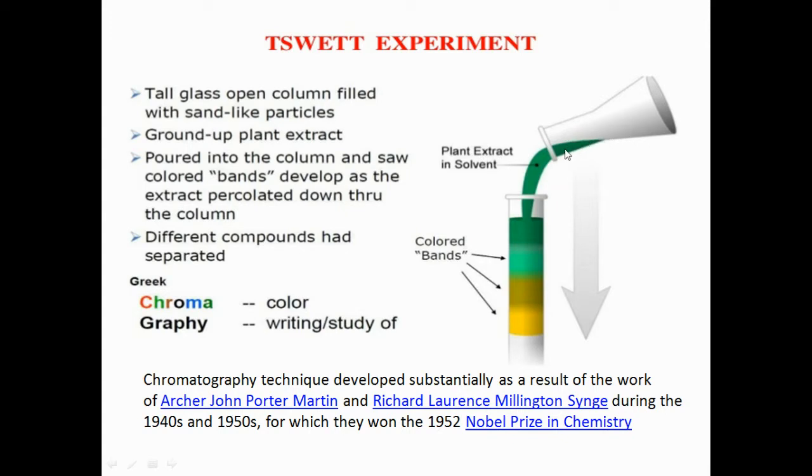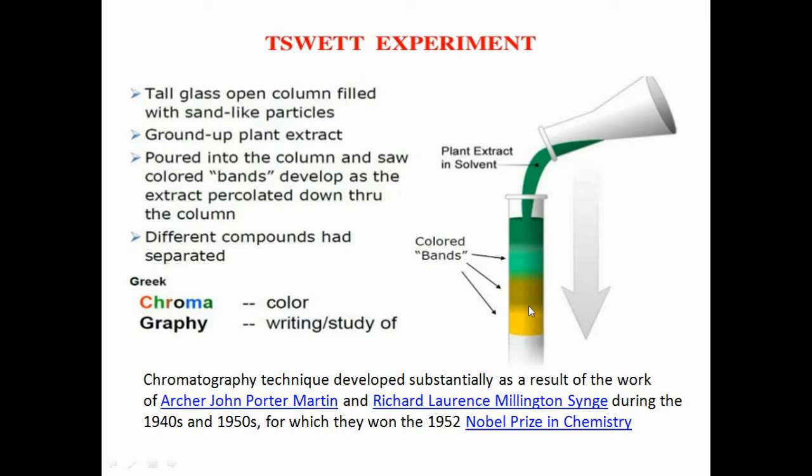So when this plant extract is poured onto the column, after some time, because of the affinities of the plant pigments present in the extract, we can see colored bands. These color bands are nothing but the various plant pigments present in the extract.